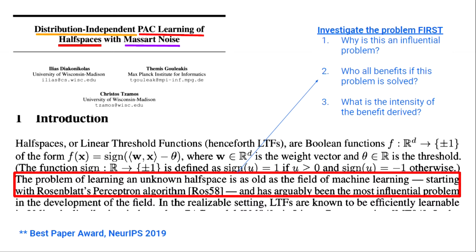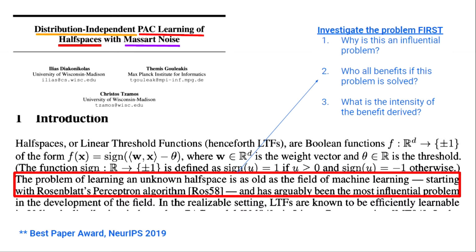Now, the first question you should ask is, why is this an influential problem? Is it just because these guys are telling you? No. You need to investigate that. Is it really an influential problem or not, right? Who all benefits if this problem is solved?